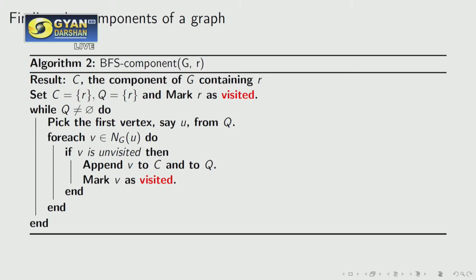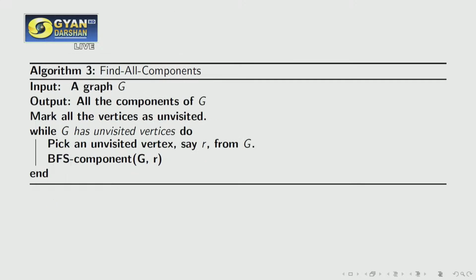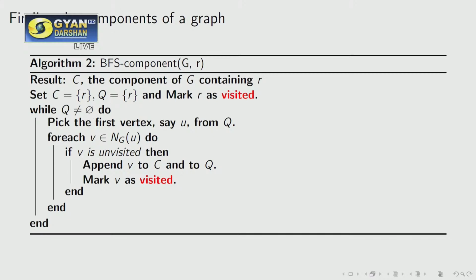Now this is just one component finding algorithm, but we need to write a small code for finding all the components, right? So what is the general strategy? Once you have found one component, you would simply display or print it and remove it from the graph, and just pick another root vertex from the remaining unvisited vertices, and repeat the same process from that root vertex.